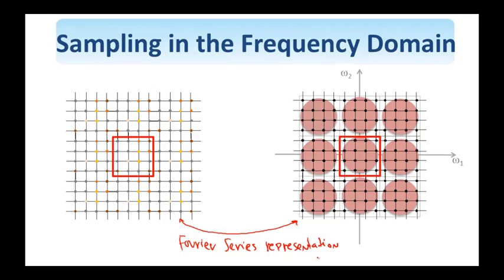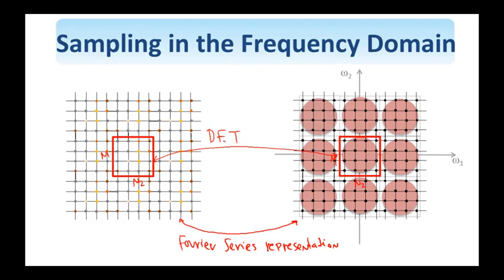So we see here that an N1 by N2 period image corresponds to N1 by N2 samples in the frequency domain, and this mapping here is the discrete Fourier transform mapping that we will study next in quite some detail.